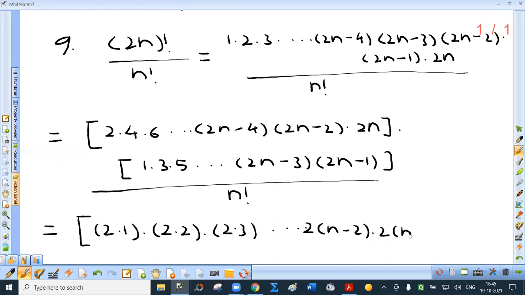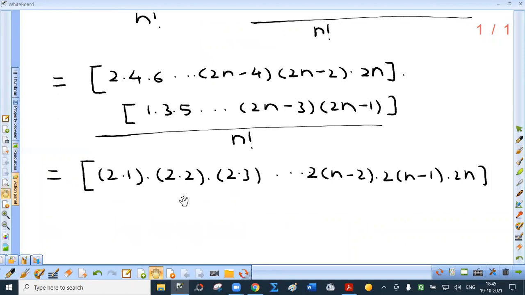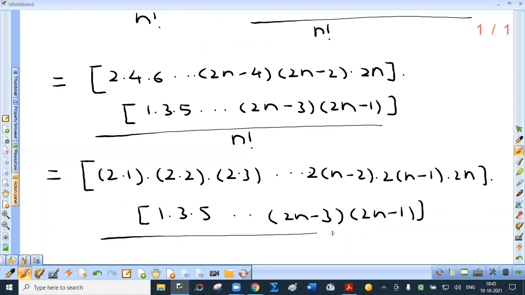Then 2 into n minus 1, and 2n. This is not at all difficult. Every even number is 2 times something. Okay. Into this part as it is: 1 into 3 into 5, 2n minus 3, 2n minus 1. Okay. Denominator as it is. Write down this.